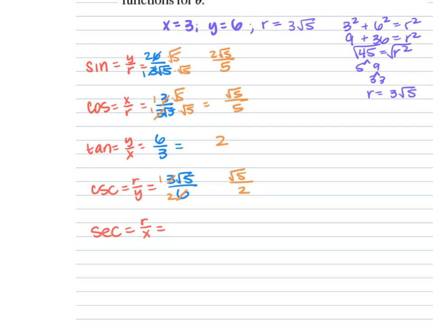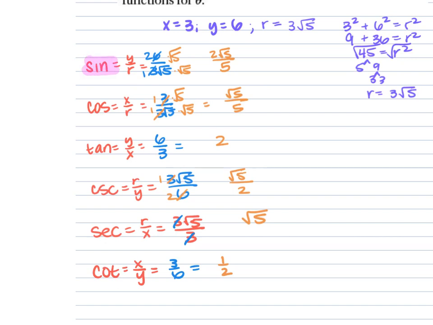R we said was 3 square root 5 over x, which is 3. The 3's cancel, so this is going to give us just the square root of 5. And then your reciprocal of tangent is cotangent, so that's x over y. So that's going to give us 3 over 6, which then simplifies to be 1 over 2.